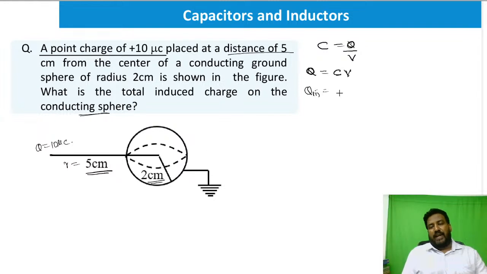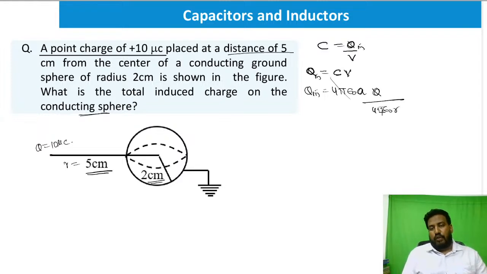Capacitance of an isolated sphere is 4 pi epsilon naught A, where A is the radius. And V is the potential, which is Q by 4 pi epsilon naught R.